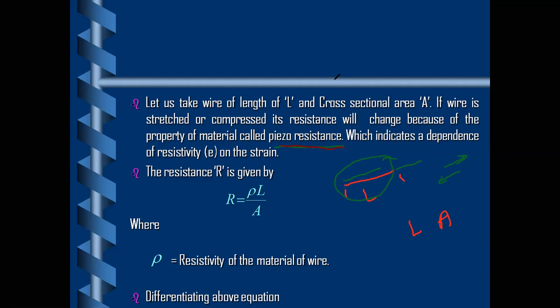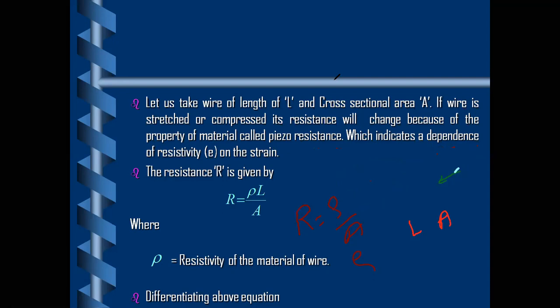Resistance is given as rho L by A, where rho is the resistivity of the material, the material of that particular wire. So R is defined as rho L by A, and furthermore we have to differentiate this equation.